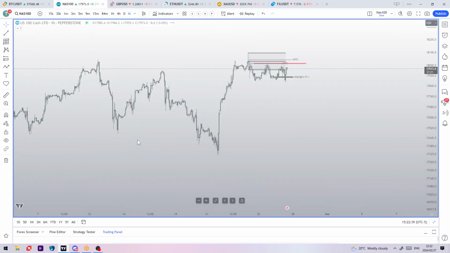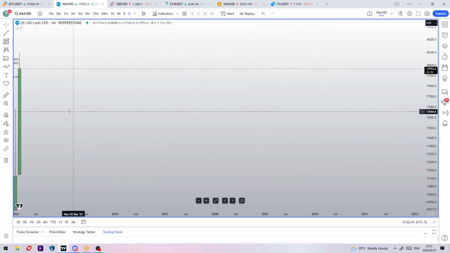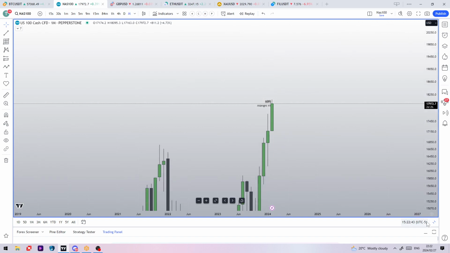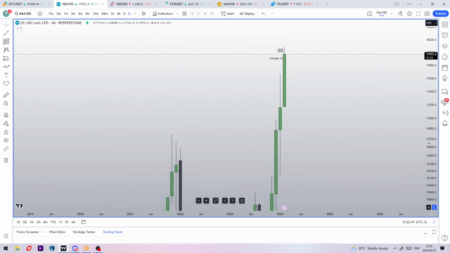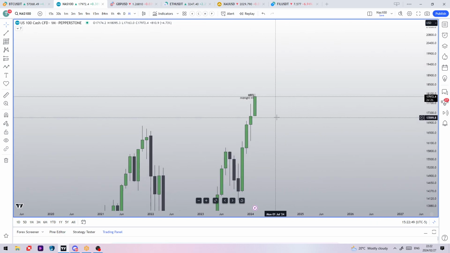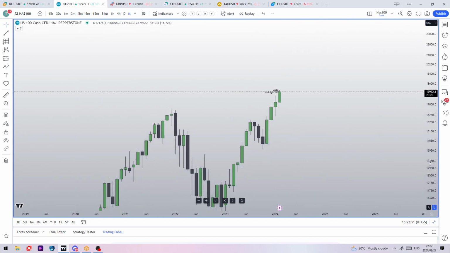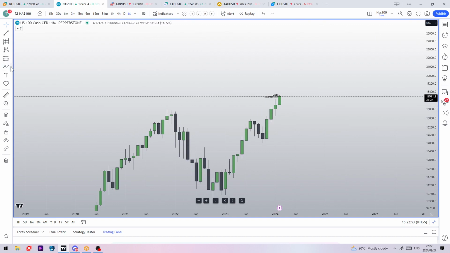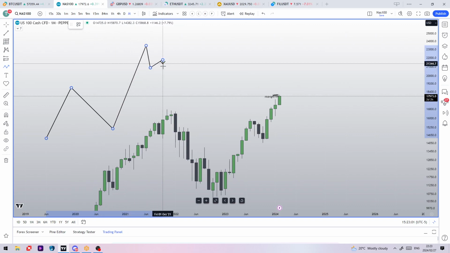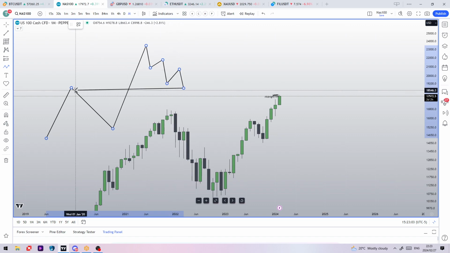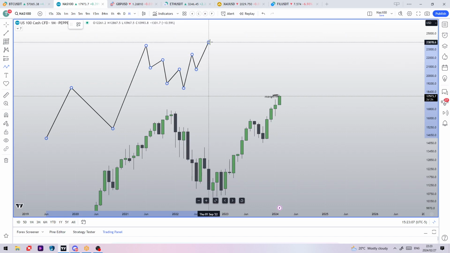And on a monthly, we find that this monthly candle, if we look at it, hardly has any wick on it. Tiniest of wicks. We've taken the previous all-time high, and generally what you want to see is, as price takes a previous high, it generally goes into some sort of accumulation back towards the high, and then we continue.